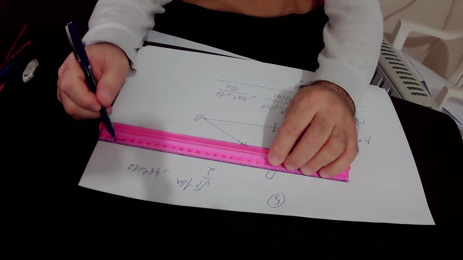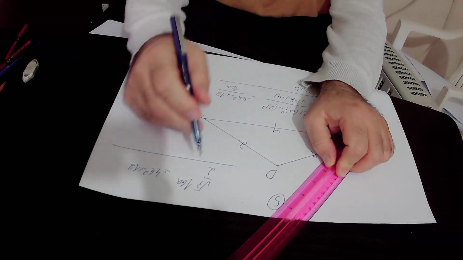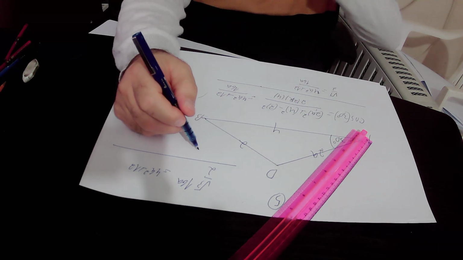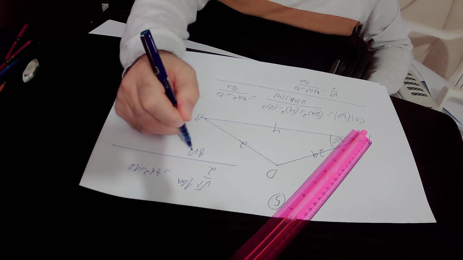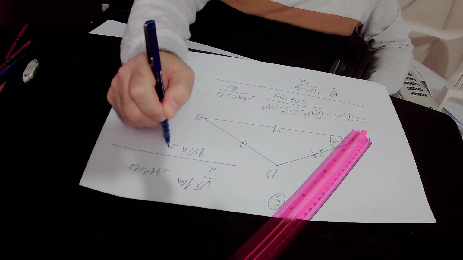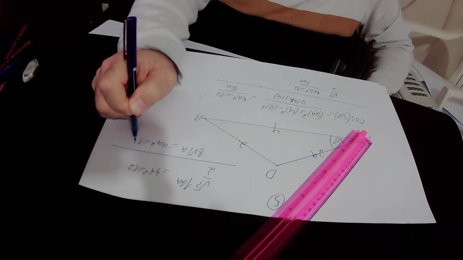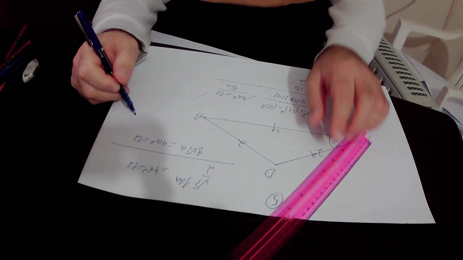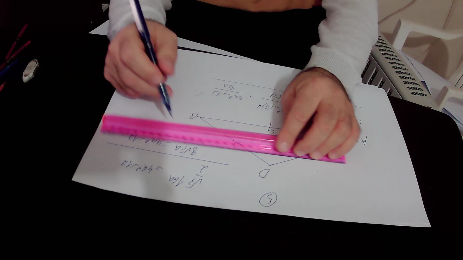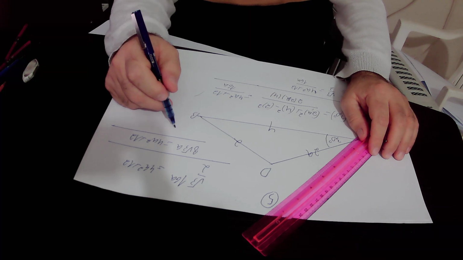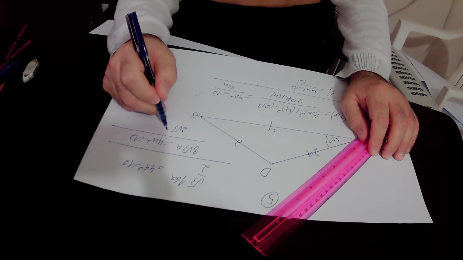16 over 2 is 8. So in this side of the equation we will get that 8 times square root of 3a equals 4a squared plus 12. So here we will divide this equation by 4. 8 over 4 is 2, so it is 2 times square root of 3 times a.